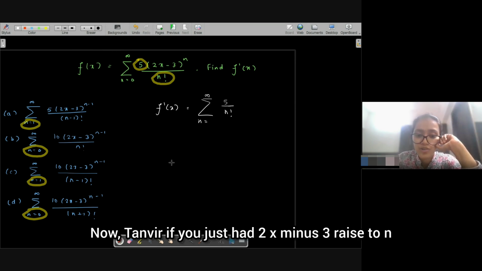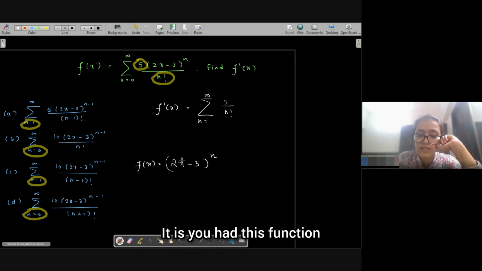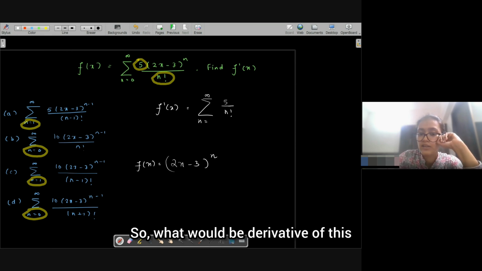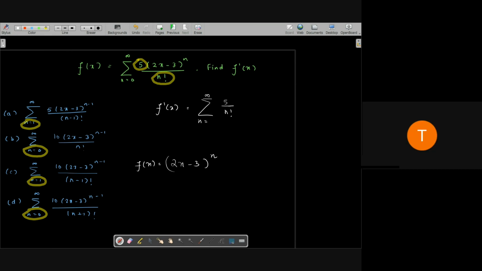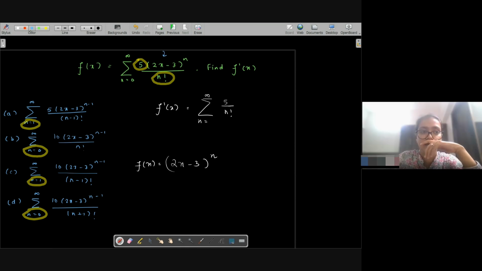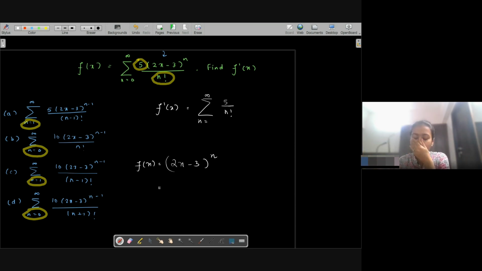Now, Tanvir, if you just had (2x minus 3) raised to n, how would you have differentiated it? Just apply the power rule and then the chain rule.